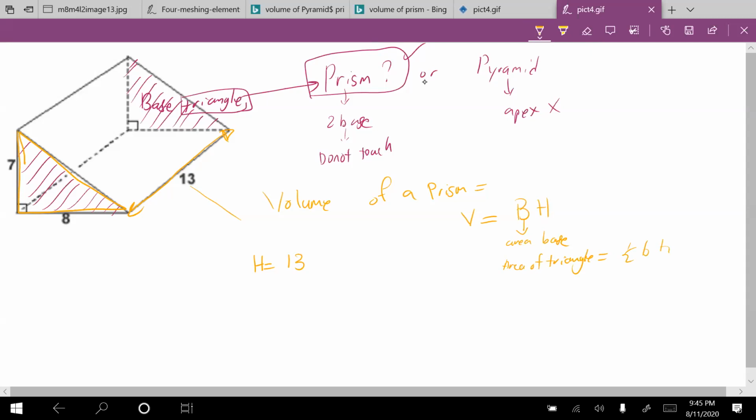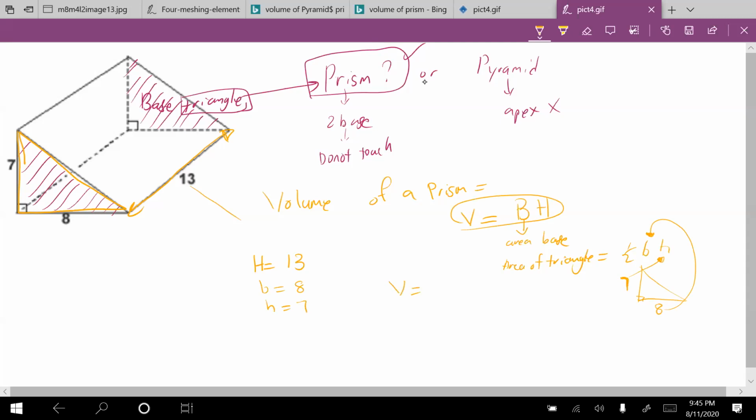Okay, let's try to draw out that base. That base will look like this. The height of this triangle is 7, and the base, the little b, is 8. So b is 8 and h is 7. Let's substitute in this formula.